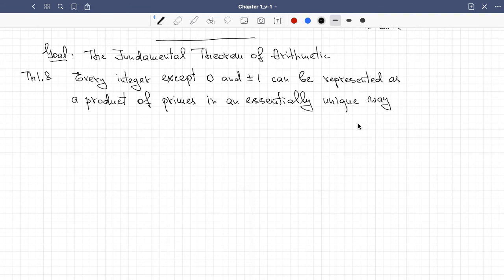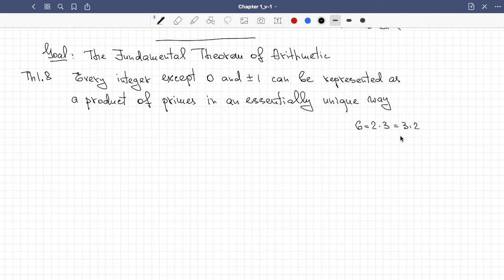Essentially means that 6 is 2 times 3 or 3 times 2, and this is the same product of primes after permutation, some small tinkering with signs. This is unique.